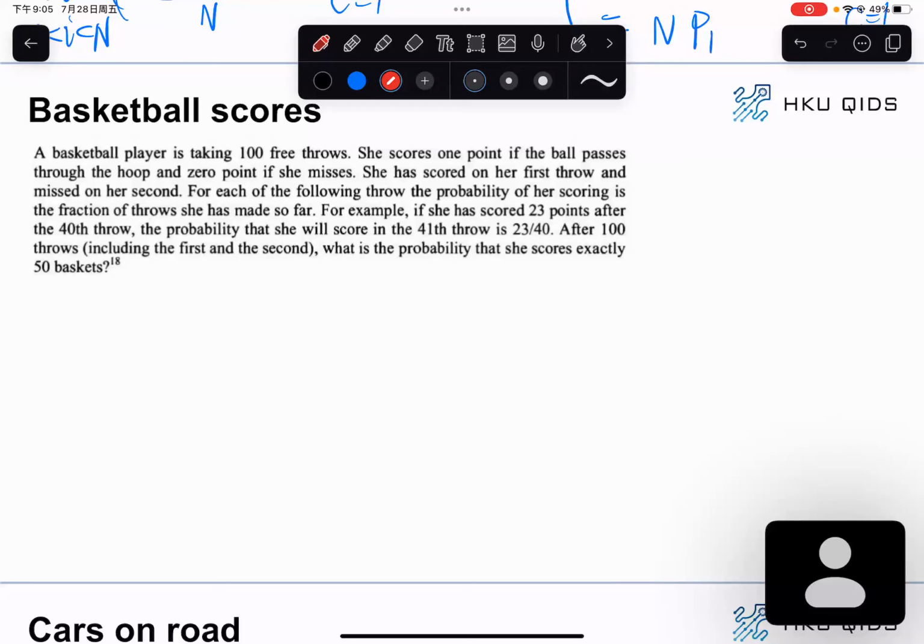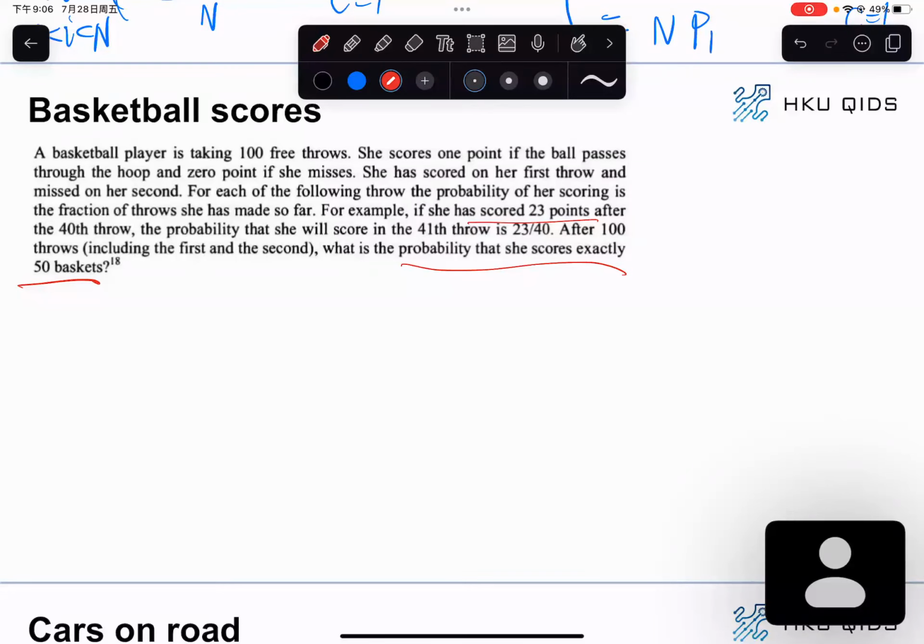She scored on her first throw and missed on her second. For each throw, the probability of her scoring is the fraction of throws she has made so far. So for example, if she has scored 23 points after the 40th throw, the probability that she will score on the 41st throw is 23 over 40. And after 100 throws, what is the probability that she scores exactly 50 baskets?